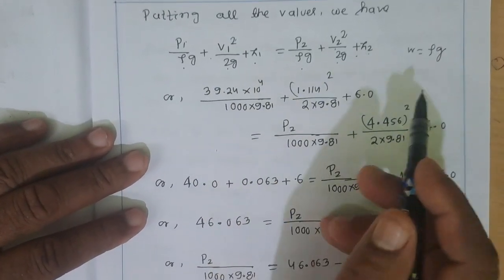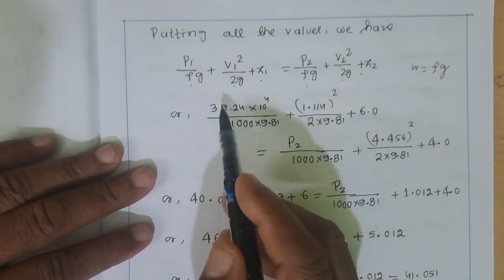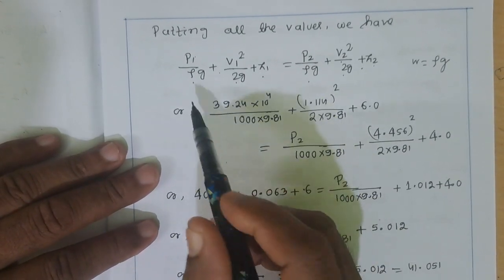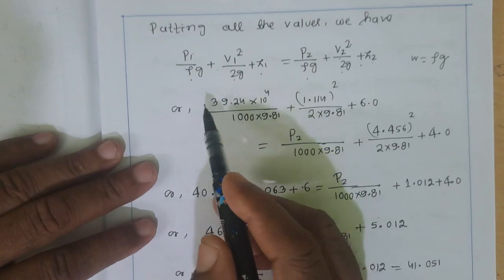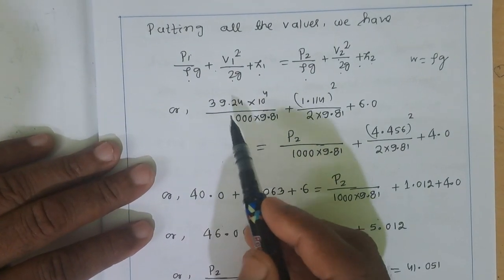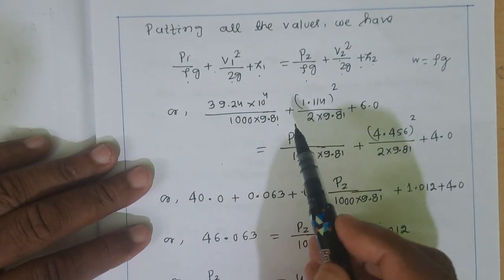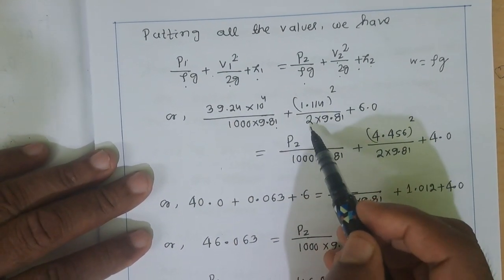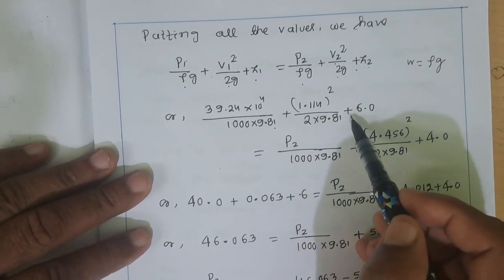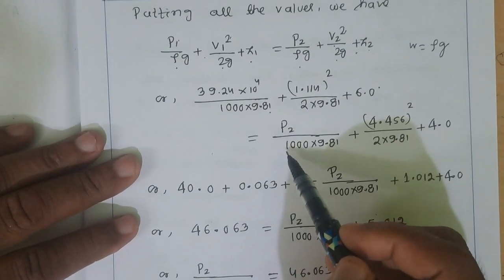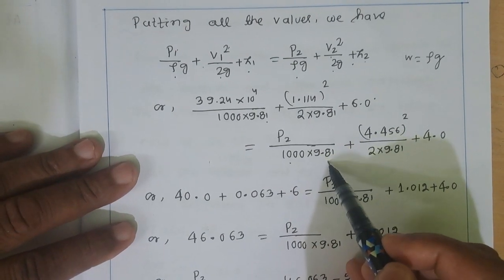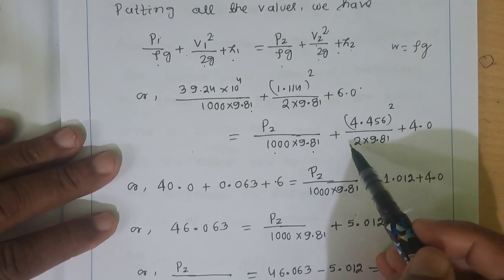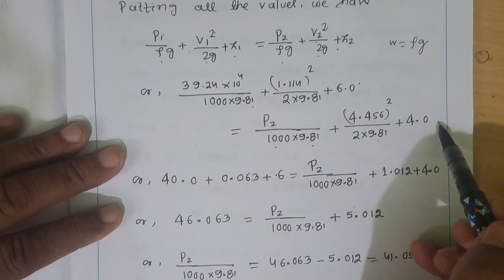Then putting all the values, we have 39.24 into 10 to the power 4 divided by rho, where rho is the density of water, equal to 1000, and g is equal to 9.81, plus velocity V1, 1.114 square divided by 2 into 9.81, plus 6, is equal to P2 by 1000 into 9.81 plus 4.456 square divided by 2 into 9.81 plus 4.